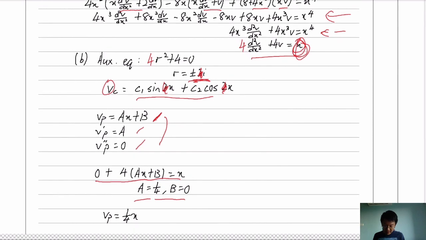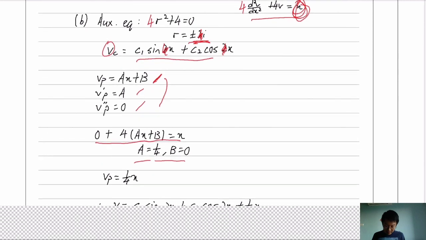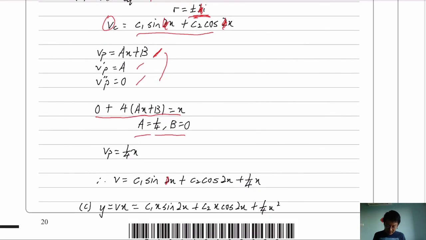In this case, the yp here is 1 over 4 x. At last, just combine all the solutions that we have. We have v equals c1 sin x plus c2 cos x plus 1 over 4 x, and that would be the solution, which is v in terms of x.